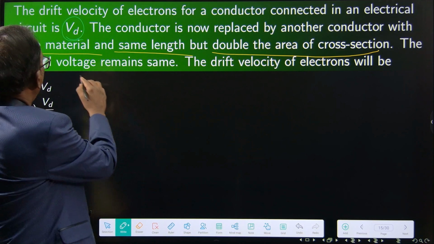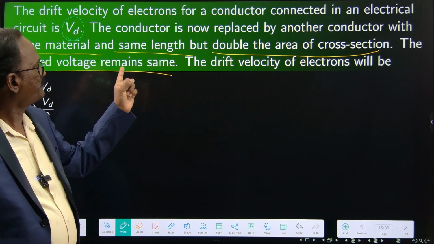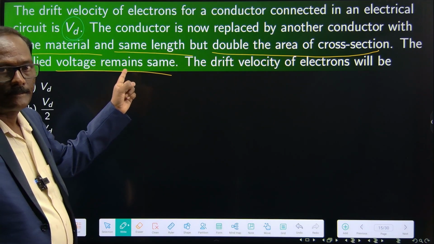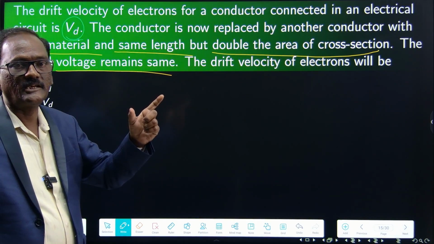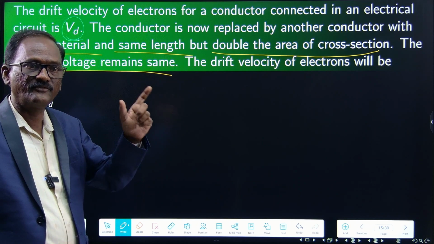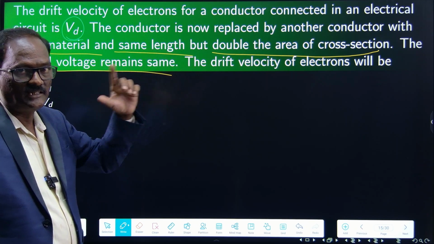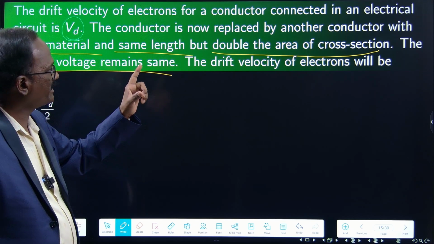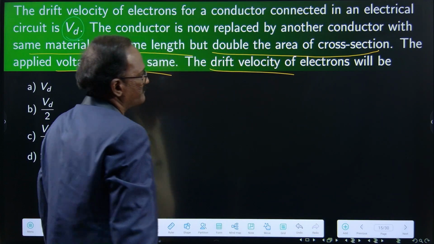The applied voltage remains same. Material same, length same, voltage same. Its area of cross section is raised. Length has not been raised, right? The drift velocity of electrons, VD.